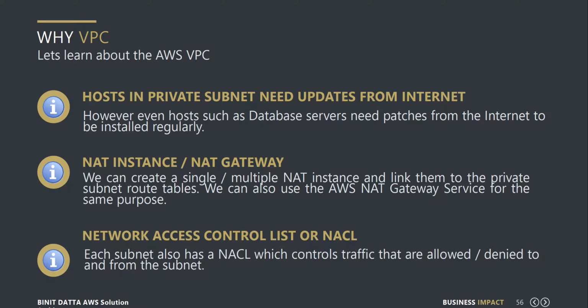So let's see. However, even hosts such as database servers, as we talked about, need patches from the internet to be installed regularly. For that you have two choices here: NAT instance or NAT Gateway. We can create our own custom single or multiple NAT instances and link them to the private subnet route table. AWS has realized how common it is that our private subnet hosts will require patches from the internet or internet connectivity.